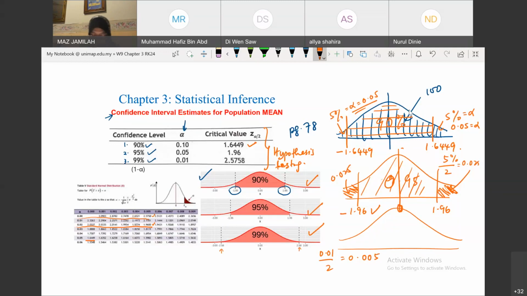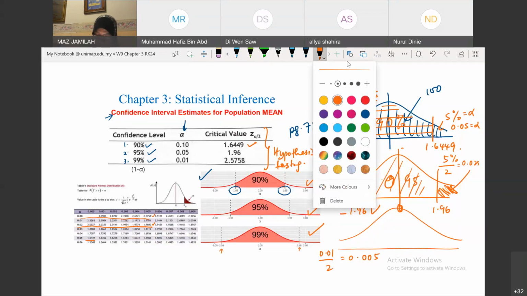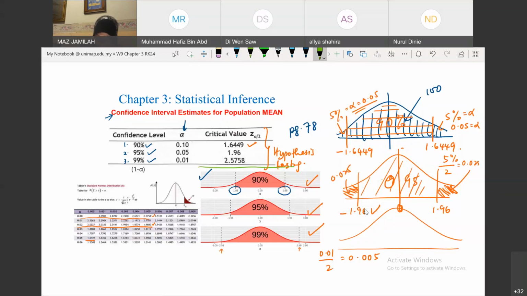So now, class, looking at these three diagrams, the one that I put in the green box, what can you observe from this confidence interval? Class, what can you observe? Look at the area shaded in red. What can you observe from the shaded area in red?